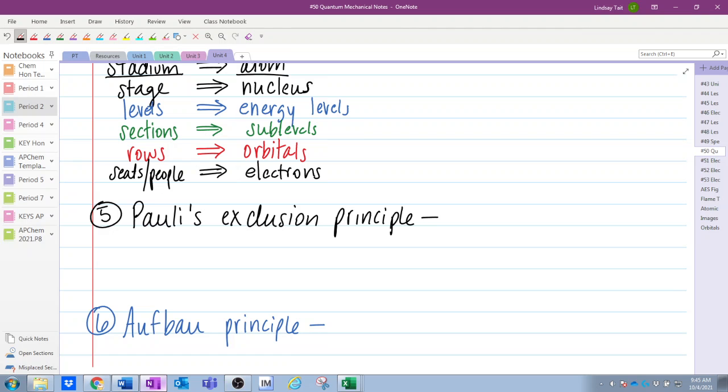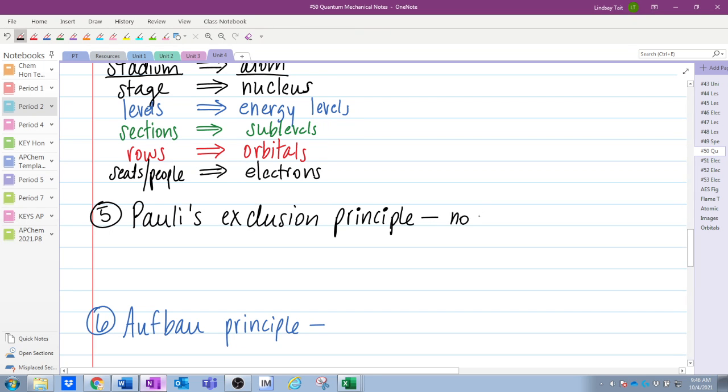So, starting off with Pauli's exclusion principle. I'm going to go back to our stadium analogy to introduce this one. This is the idea that you can't have electrons with the same ticket. You can't sell an identical ticket to two different electrons that are the same section, same sublevel, same row, same seat. Everybody's got to have their own unique ticket. That's the idea with Pauli's exclusion principle.